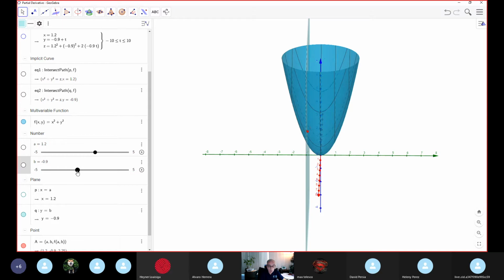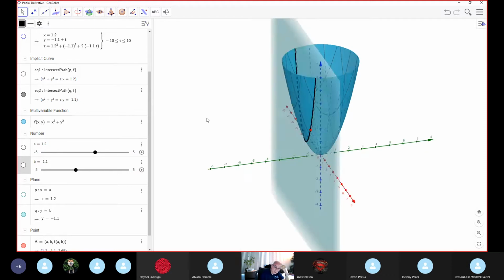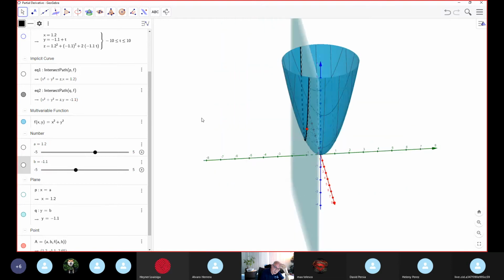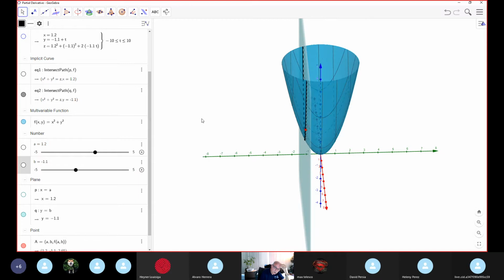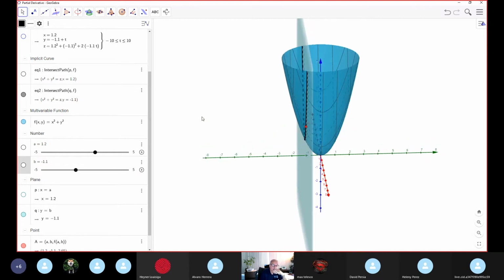I can change if you want. Look, change. And the intersection with this is another parabola, no? Because it's a paraboloid. A paraboloid generates a parabola or circle or ellipse, maybe, when you are doing z equal constant.